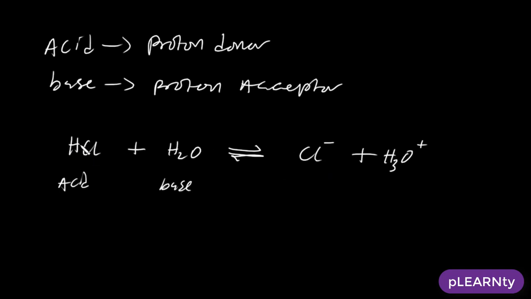So when an acid loses a proton, it forms its conjugate base. So let's call it C base. And the same for acid. When you have a base and that base has accepted a proton from an acid, it becomes a conjugate acid. Another example, let's look at water and water.